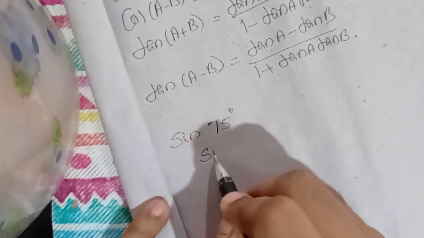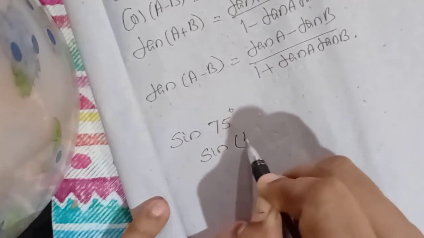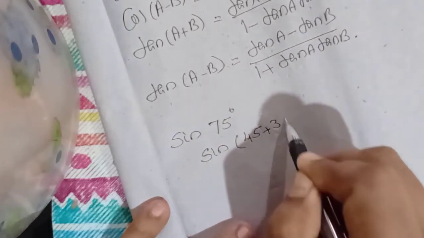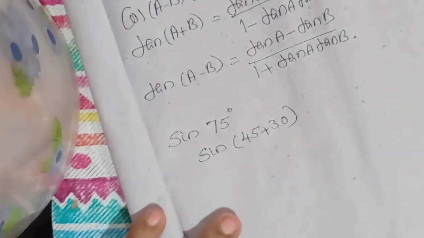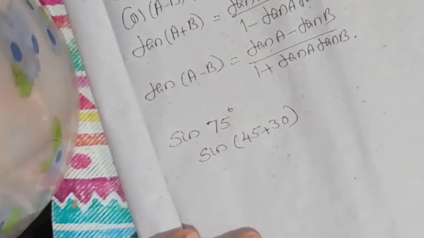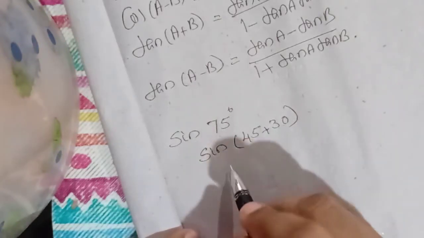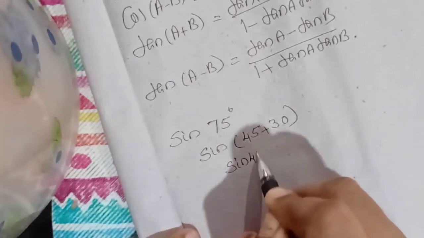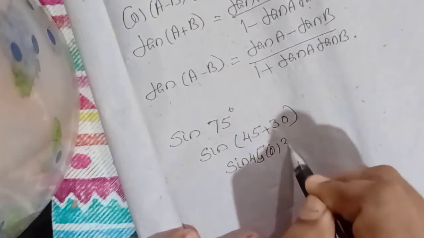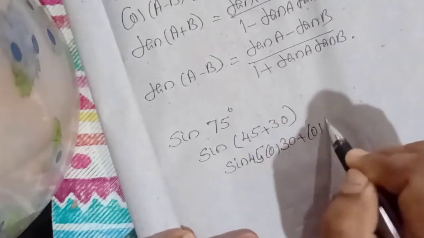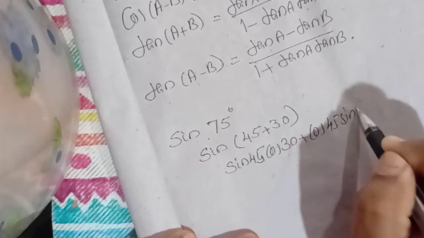Sin 75 is sin 45 plus 30. What is the sin A plus B formula? Sin A cos B plus cos A sin B. That is sin 45 cos 30 plus cos 45 sin 30.